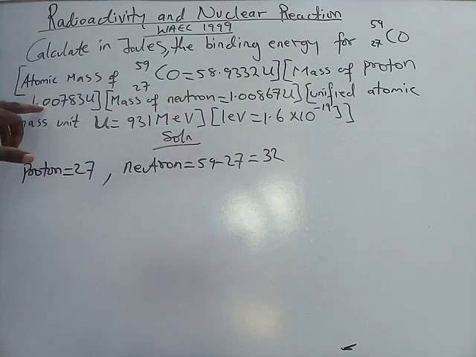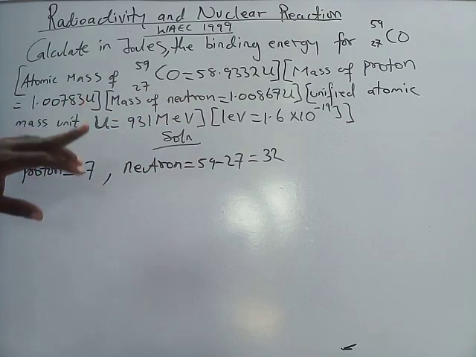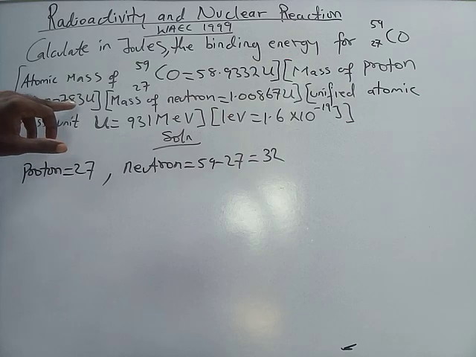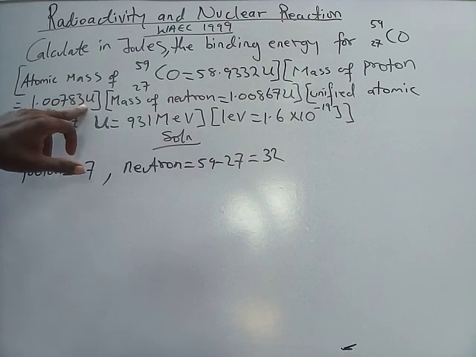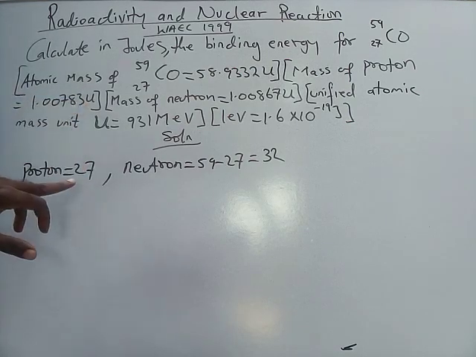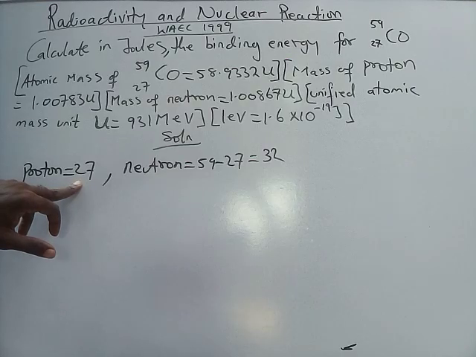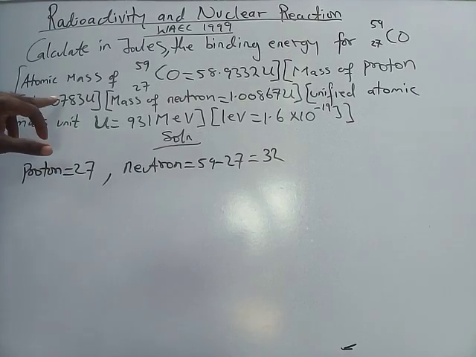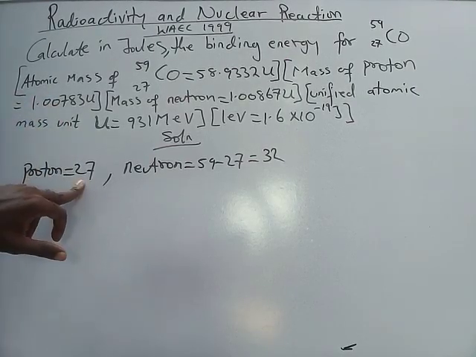The mass of a proton is this. If one proton is 1.00783 unified atomic mass units, then what will be the mass of 27 protons? All we have to do is multiply by 27.